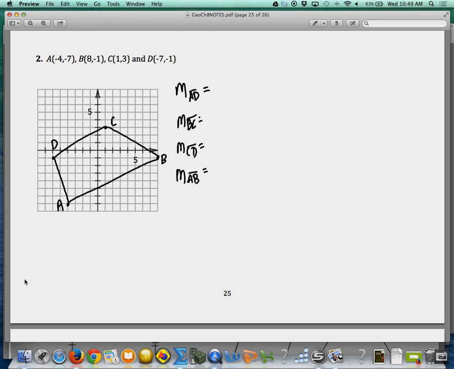Okay, Nick, pay attention. AD, y minus y, so negative 1 minus negative 7 over x minus x, negative 7 minus negative 4. That's like adding, so that's 6 over, that's like adding, negative 3, so negative 2. Is that right? Yeah. Okay, BC, negative 4 over 7.